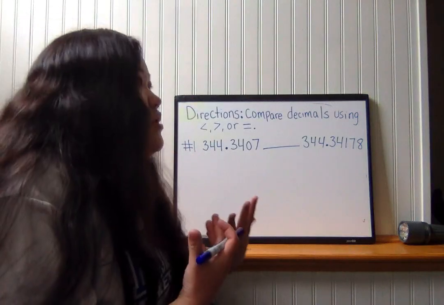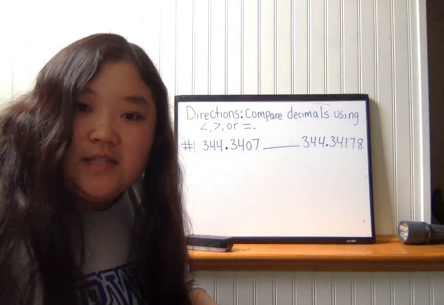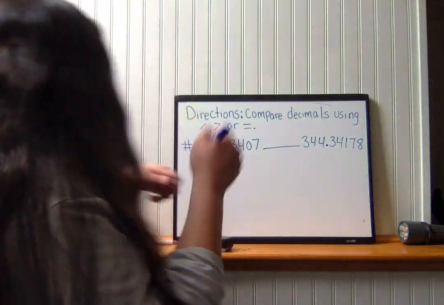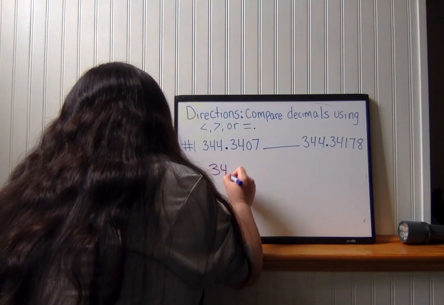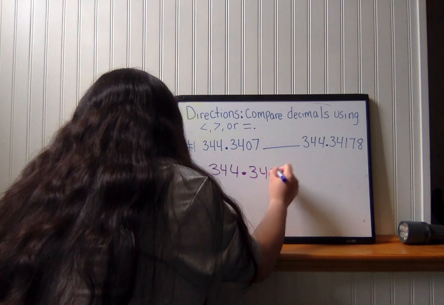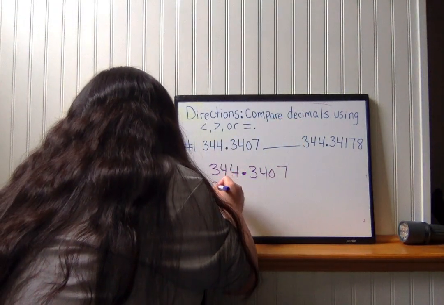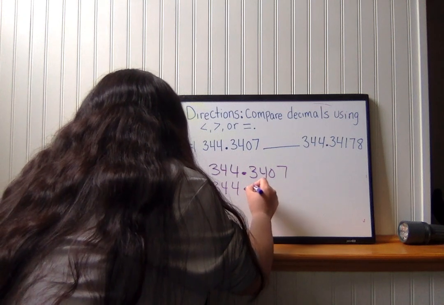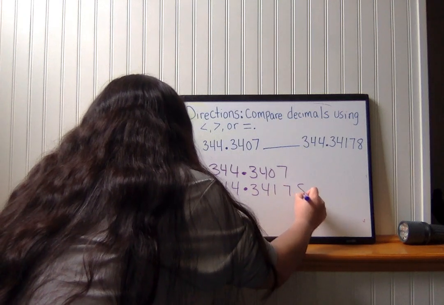So what I like to do is, you know how when we're adding and subtracting decimals, we need to line up the decimals. So what I like to do when comparing decimals is I like to line everything up. So I'm going to take 344.3407, and I'm going to line it up with 344.34178.